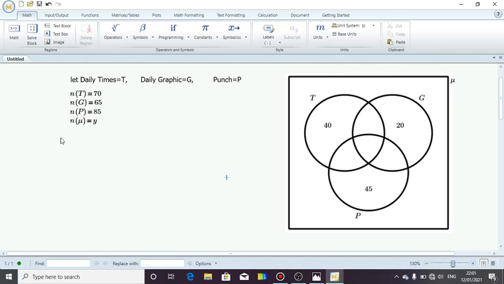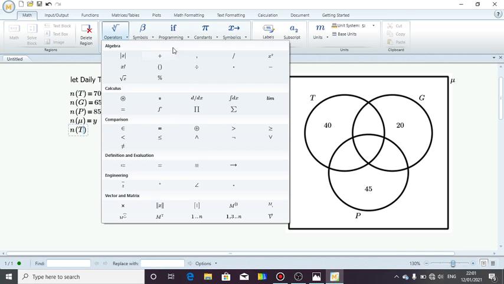We have a way we represent them in Venn diagram notation. Because of time, let me just show you the representation. Let's start with daily times. The number that apply to daily times only is 40. If it's only daily times, they don't apply to graphics and they don't apply to punch. So in the Venn diagram, we use intersection to represent them.